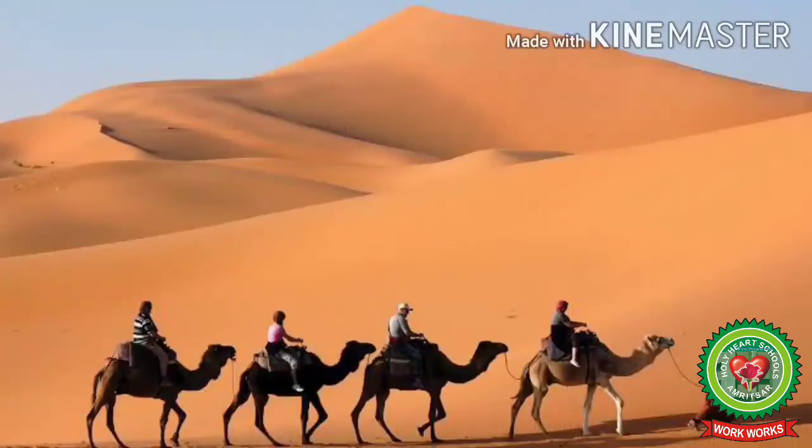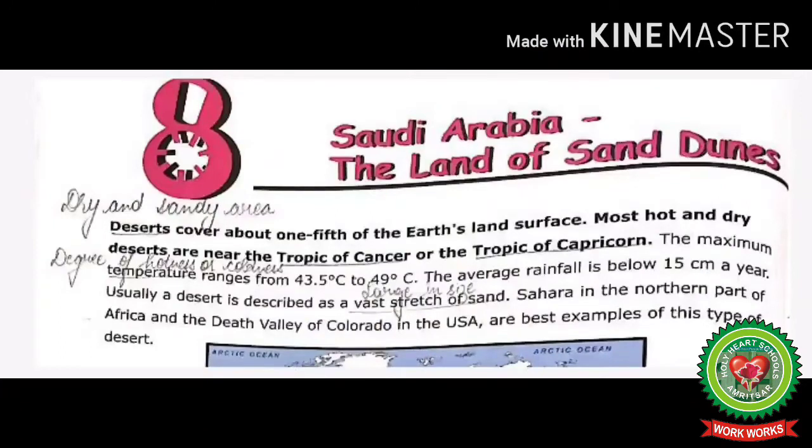The temperature of deserts goes up very high during the day. It ranges from 43.5 degrees Celsius to 49 degrees Celsius. There is hardly any rainfall in deserts. The annual rainfall is less than 15 centimeters.